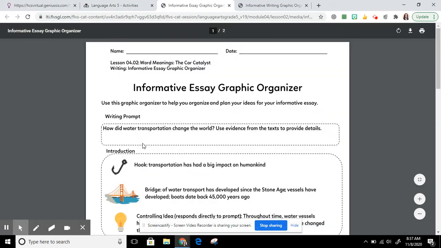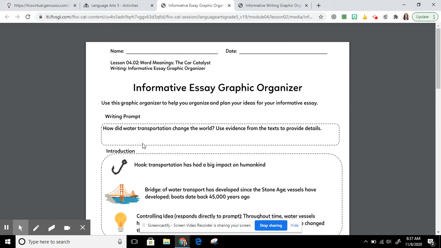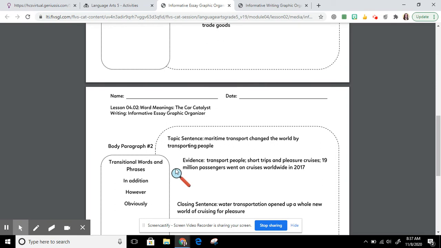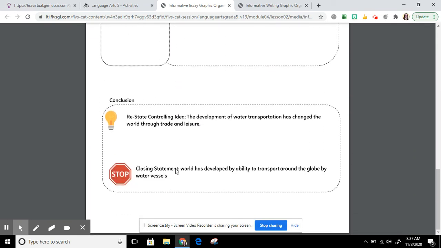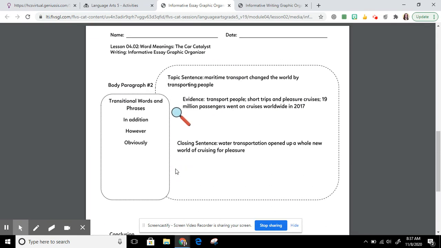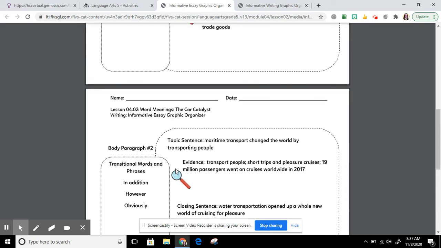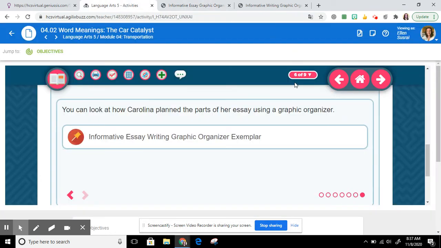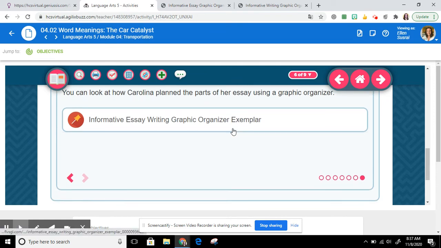And again, the prompt is different than the prompt that you're completing for your graphic organizer, but you can still use this as a guide. I would highly recommend looking at this and just using it as a guide and just changing it so that it fits the prompt that we're doing for our assignment. But again, that was on page 6 of the 0402 lesson.